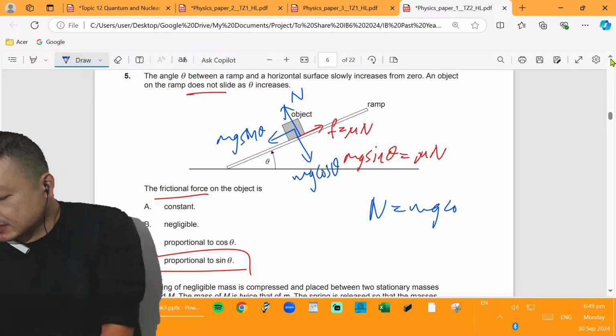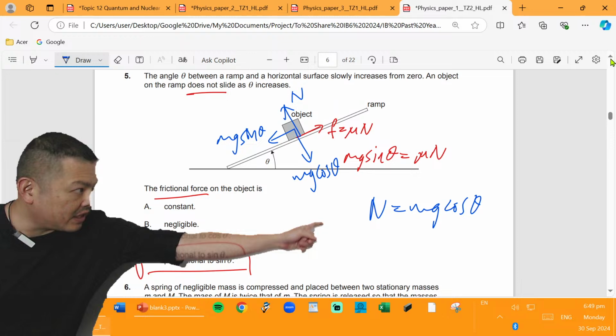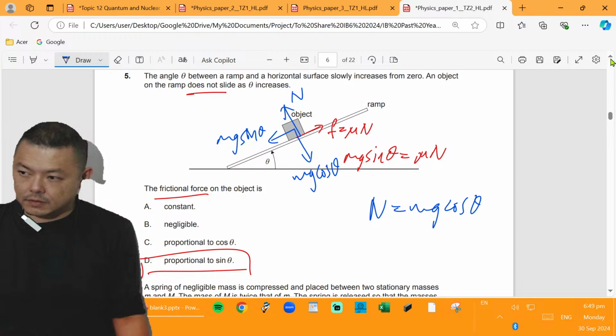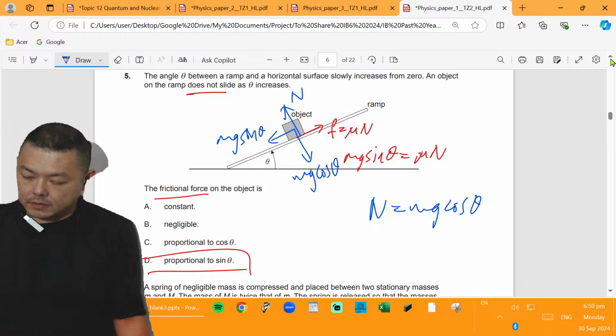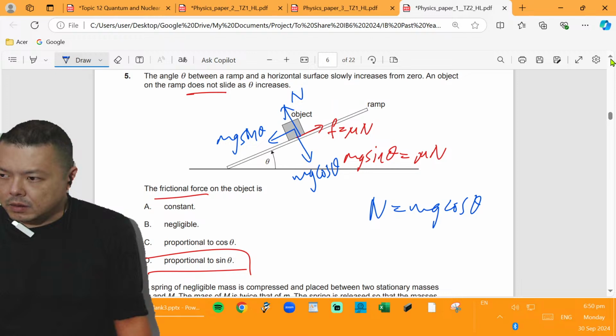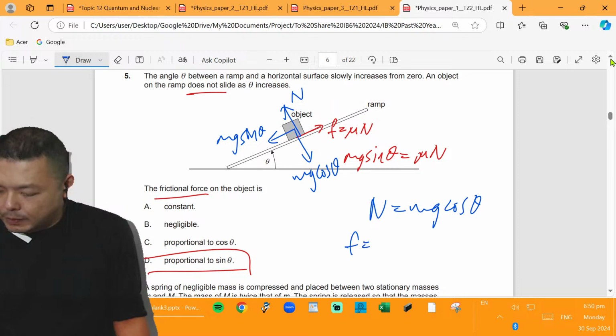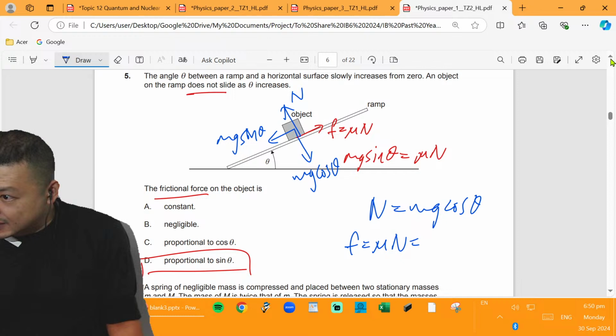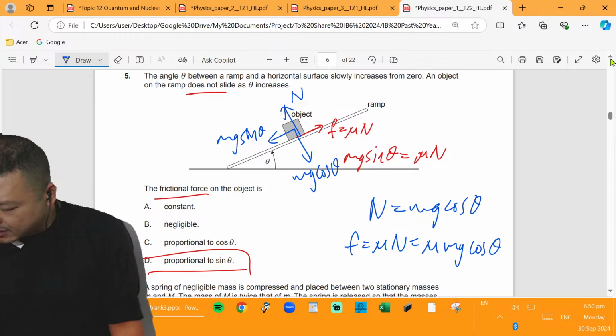The N force is proportional to cosine theta. But I thought F equals mu N, so it's possible. Wait. I didn't consider that. So mu N is mu mg cosine theta. So why is the friction not proportional?